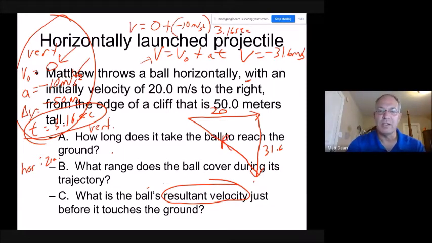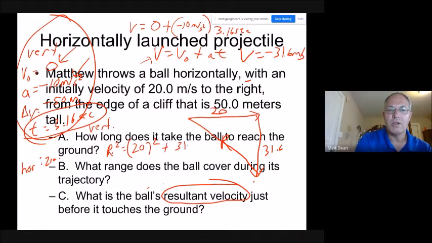That's our resultant, that's our R. So now we're going to do a little Pythagorean theorem, and we're going to say R squared equals 20 squared plus 31.6 squared. Let's do the math on that right quick.